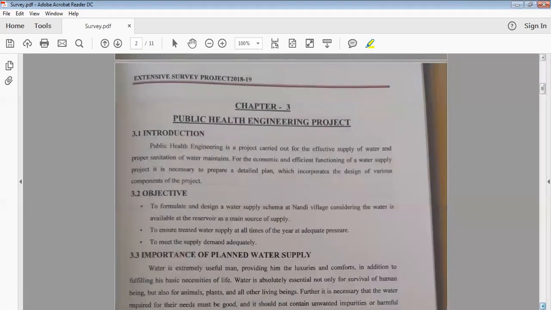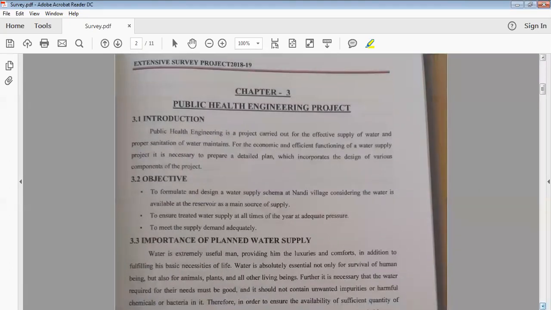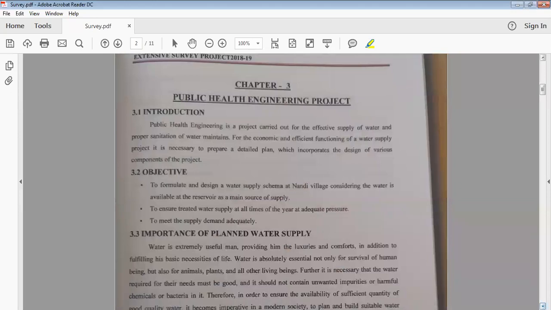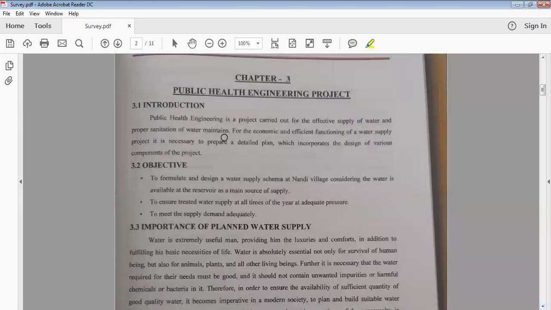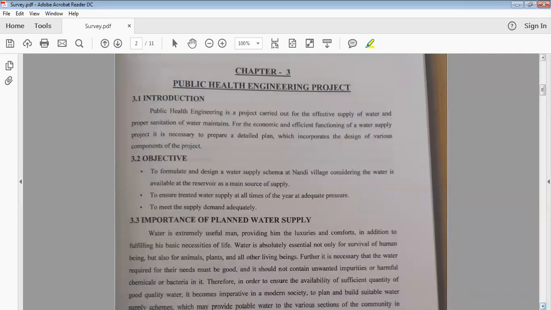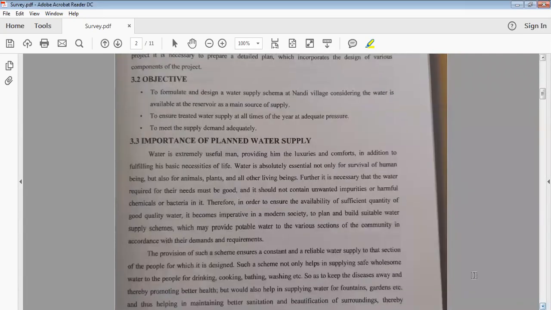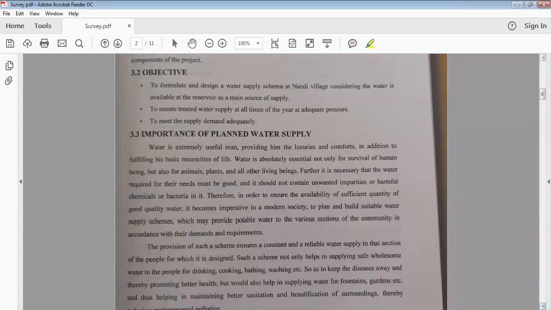So there is some theory behind it. I'm not going to read all those things. You already wrote on this in the video questions: why we need to plan water supply, what its advantages are. You got to know, right? Mainly 90% of diseases we can avoid if we provide a good source of water, right?